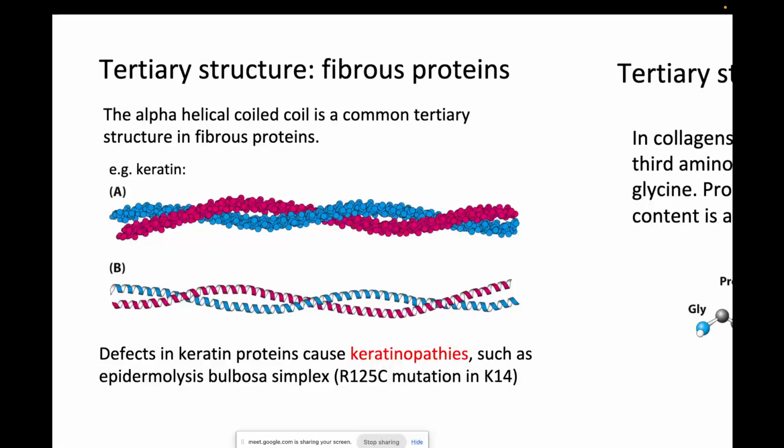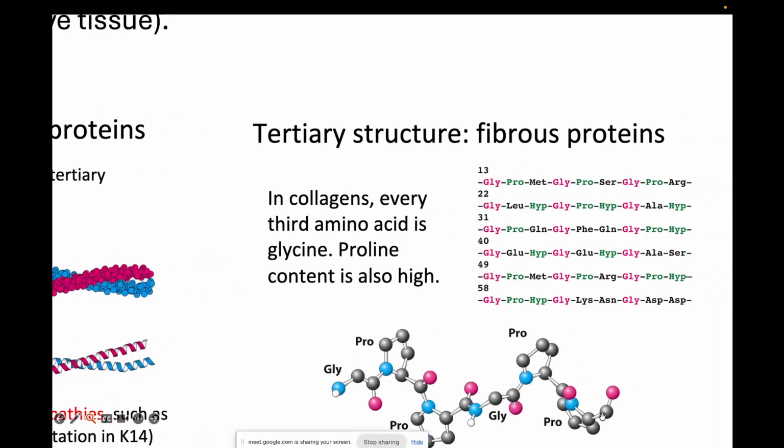These long fibrous proteins are also very important, and they have different roles than globular proteins, but they are equally important and very important for the survival of human beings, specifically for movement type functions, right?